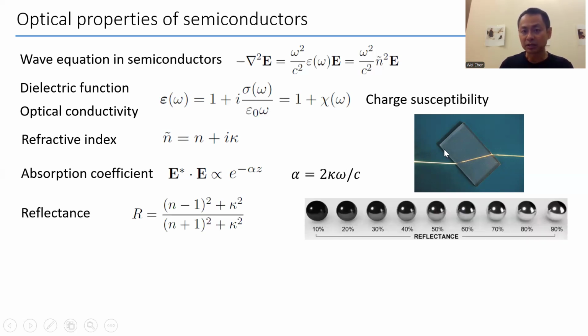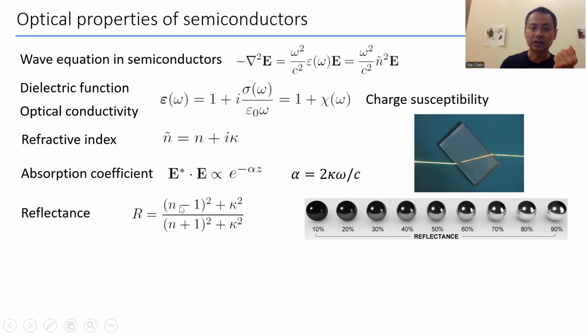Now, by matching the electromagnetic wave at the interface between the air and the media that it enters, you can define the so-called reflectance, which gives you how bright the object looks.